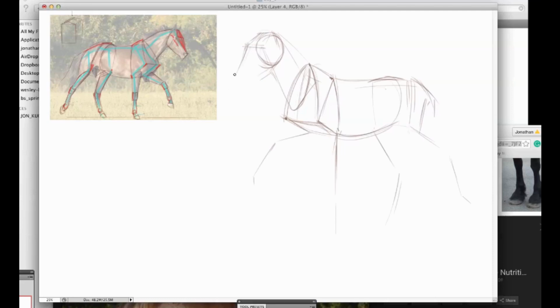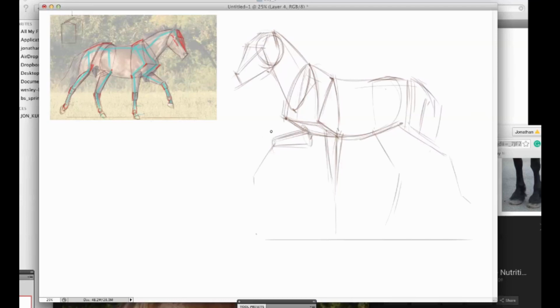So we haven't talked about the head, so I'll keep this head pretty simple. I'm going to come down and I'm going to draw in the cylinders.